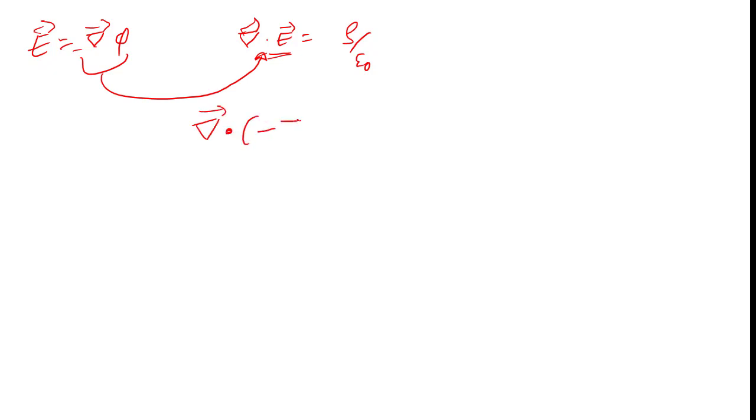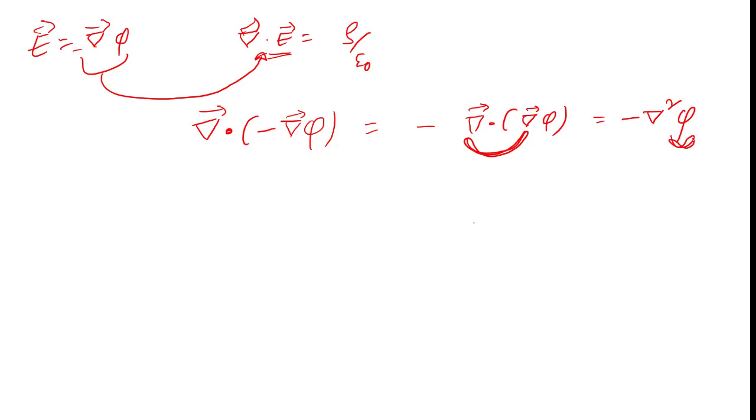I'm taking divergence over gradient of phi, which gives me negative divergence of gradient. Recall that we call this the Laplacian. So here we have a Laplacian phi, and this is a scalar function, not a vector function. So you have to do the Laplacian like how you did in homework 2.